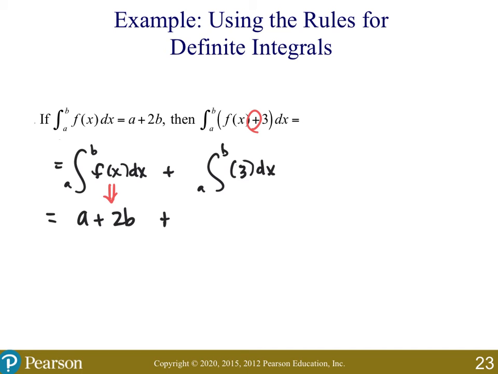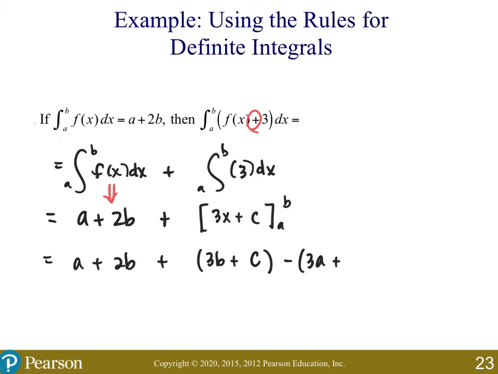If I do it as an antiderivative, then I would have 3x plus the constant c going from a to b, which would be 3b plus the constant c minus 3a plus the constant c. So overall, we've got a plus 2b plus 3b, constants cancel each other out, minus 3a. So altogether, that's negative 2a plus 5b. So that's one way to think of it.